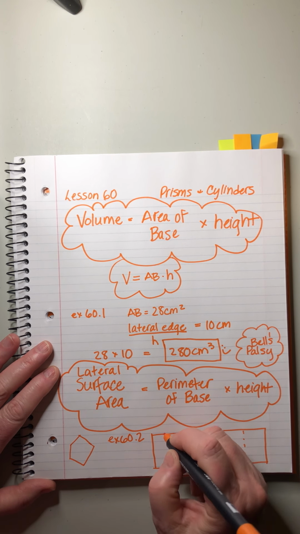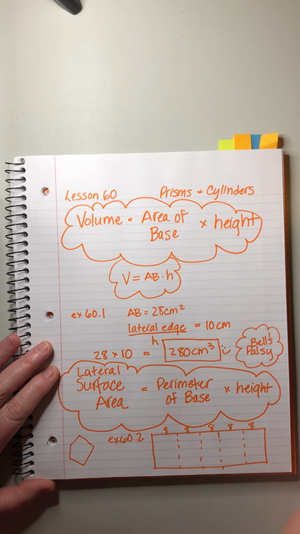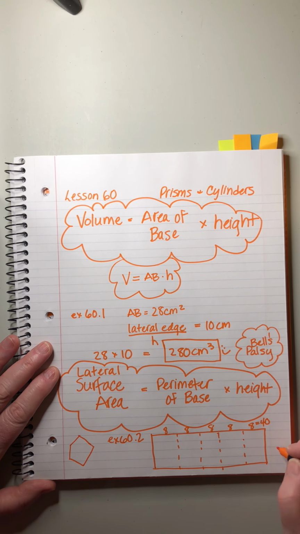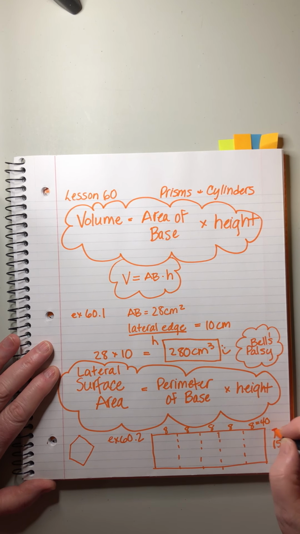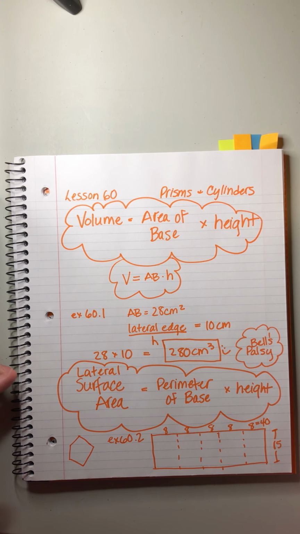Yeah, that's a pentagon. Each one of these was 8. So I know that the total perimeter equals 40. And then the height of it is 15. John told us that. He drew the picture for us and labeled it on there.